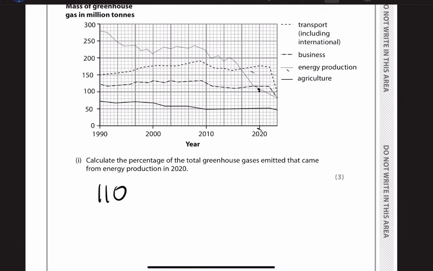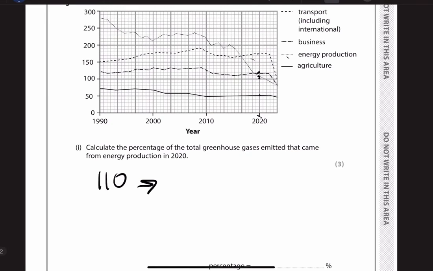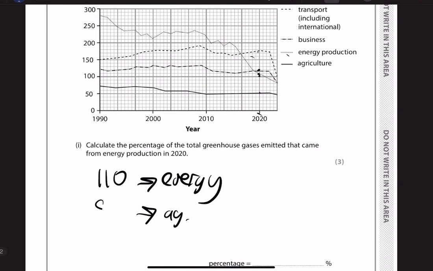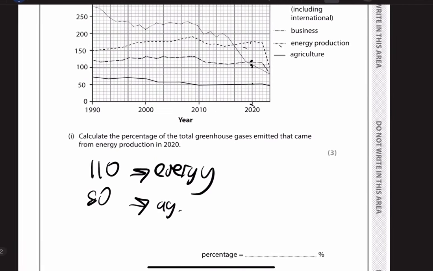And then if we look at the rest, this one being agriculture, this one being business, and then transport. Okay, so 110 is our energy. Agriculture seems to be 50. What's this one?